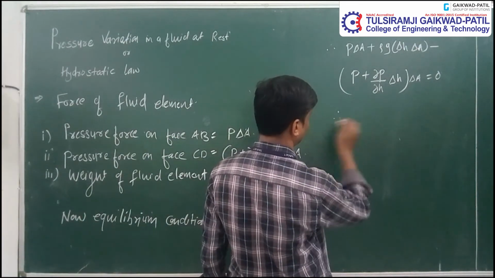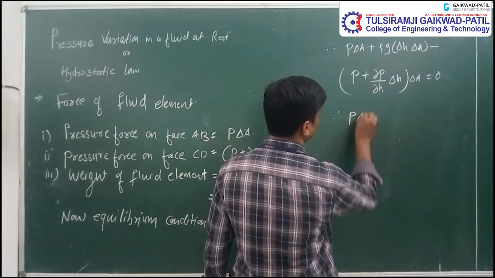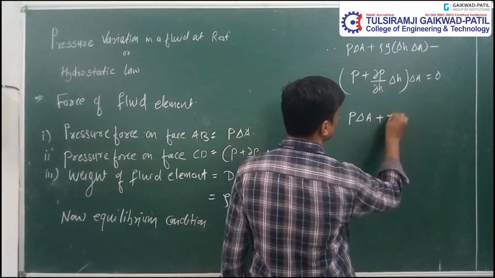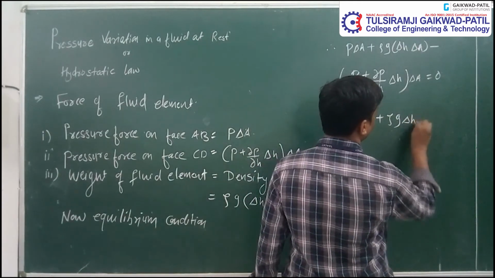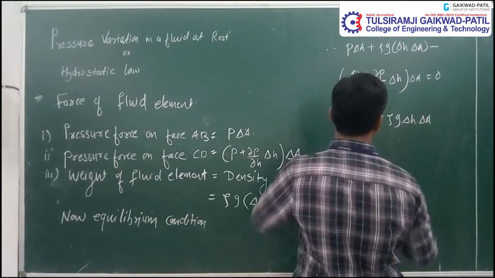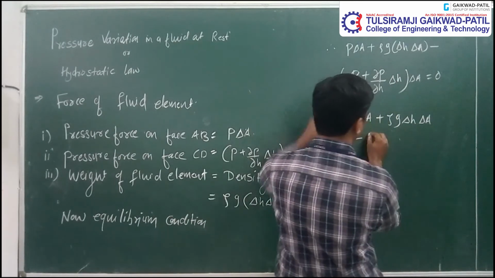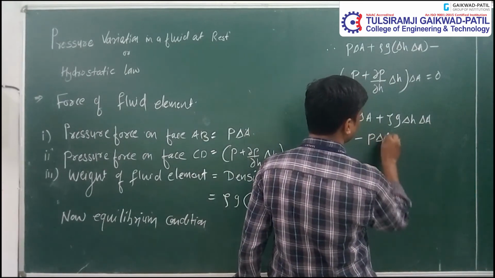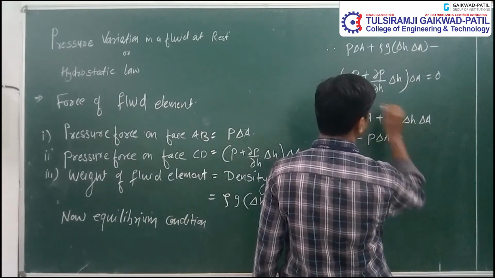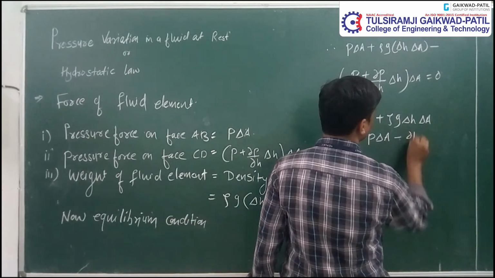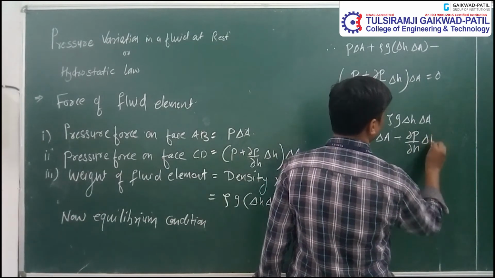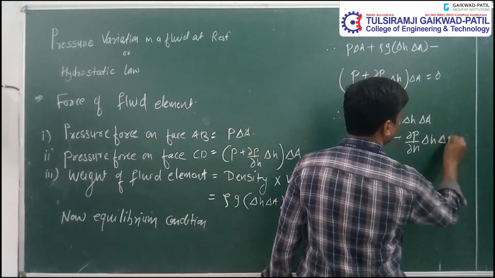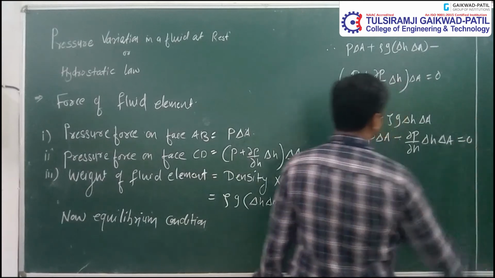Therefore, after solving this, P delta A plus rho g into delta H into delta A minus P into delta A minus del P upon del H into delta H into delta A is equal to 0.